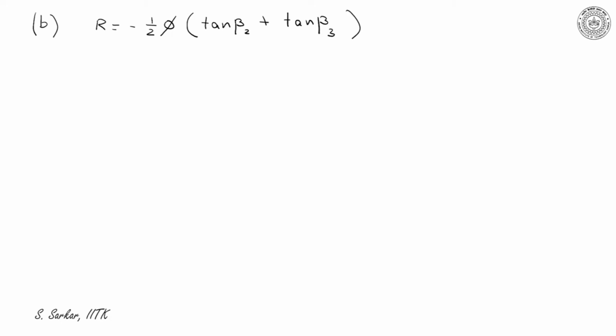Now, as per the sign convention, beta 3 is negative. So considering the sign convention, R can be expressed as half phi into tan beta 3 minus tan beta 2.